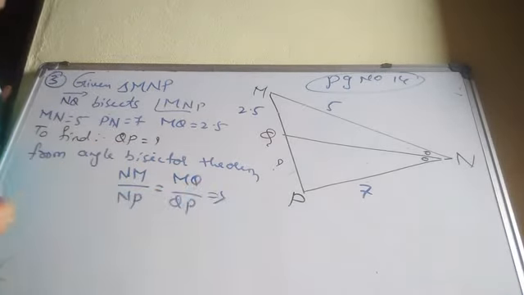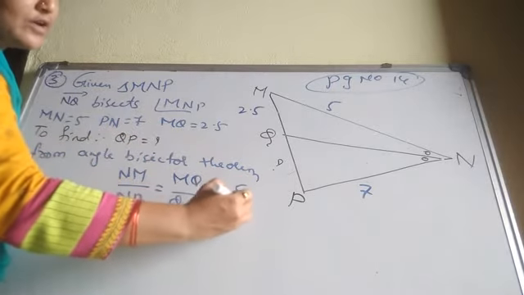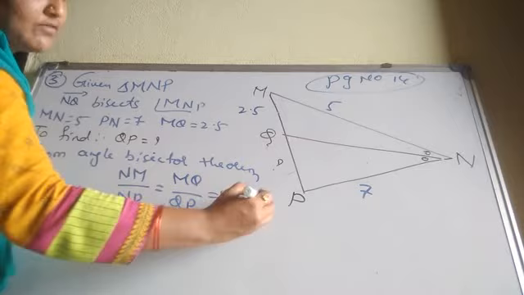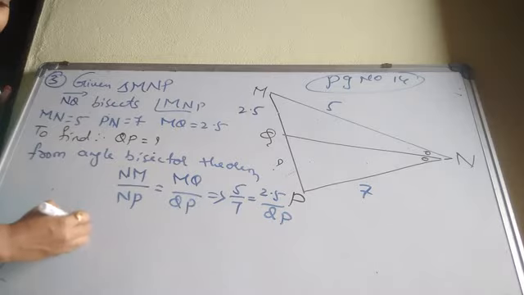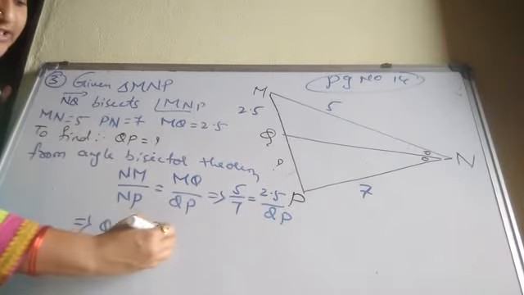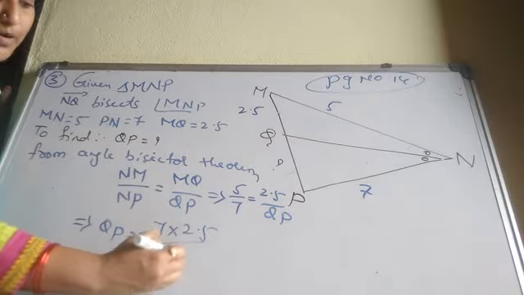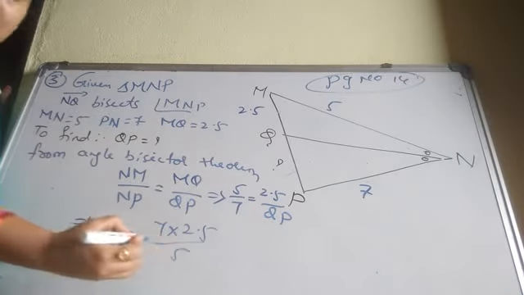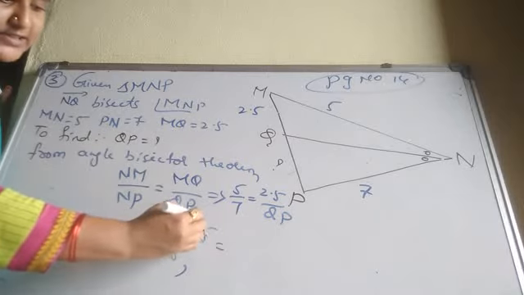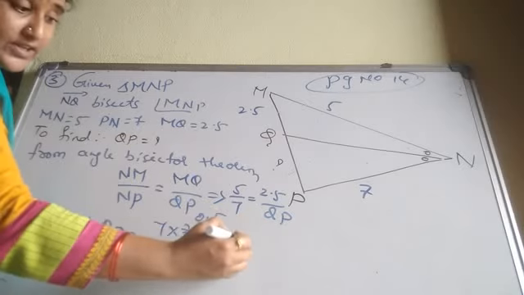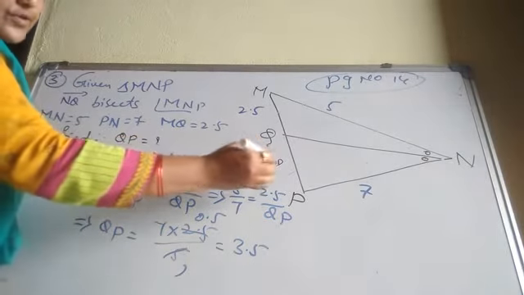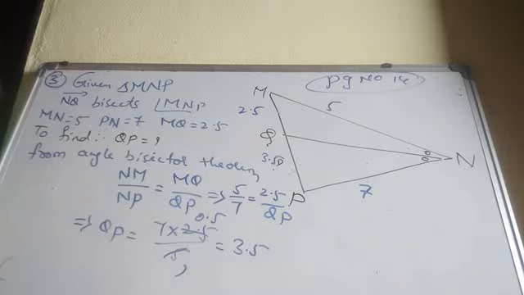Now substitute the values: 5 upon 7 equal to 2.5 upon QP. Cross multiplication: QP equal to 7 into 2.5 upon 5. Now 5 ones are 5, 5 sevens are how much? 35. Decimal point, 3.5. Therefore, QP equal to 3.5 units.